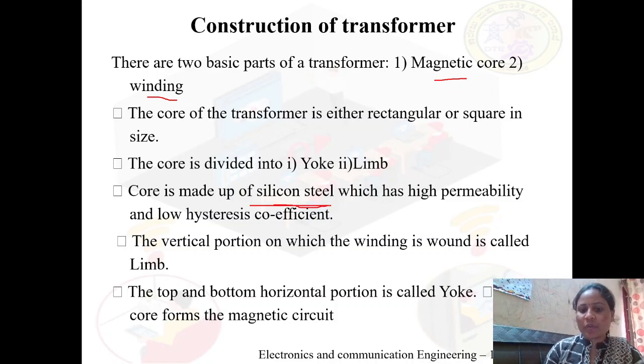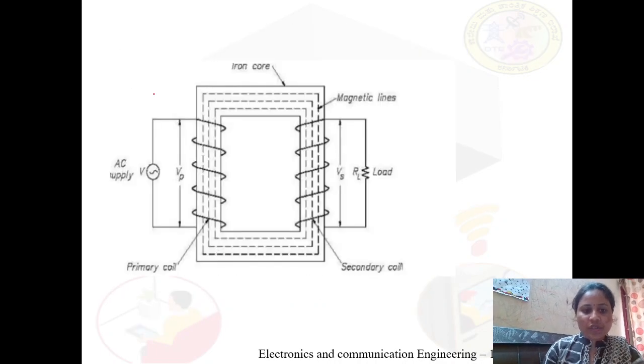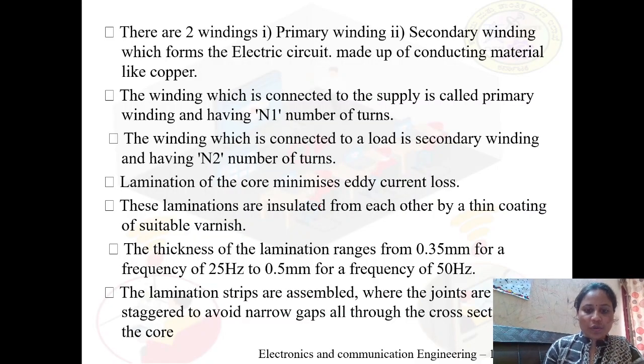Core is generally made up of silicon steel, which has high permeability and low hysteresis coefficient. The vertical portions we call limbs, and the top and bottom portions we call yokes.